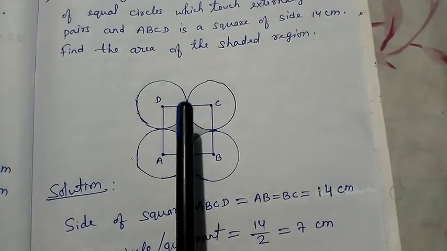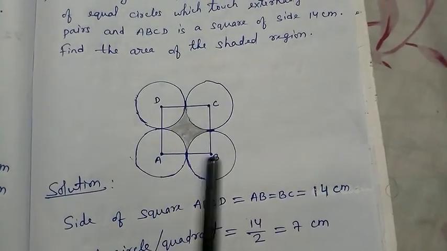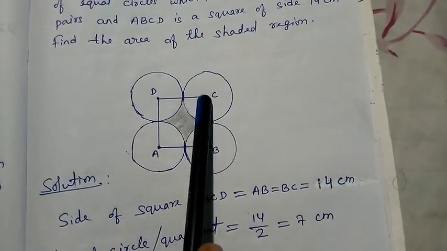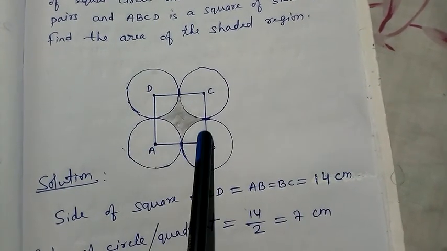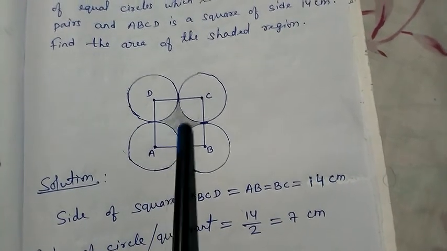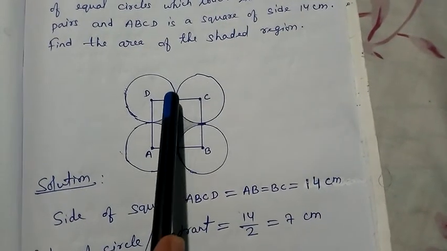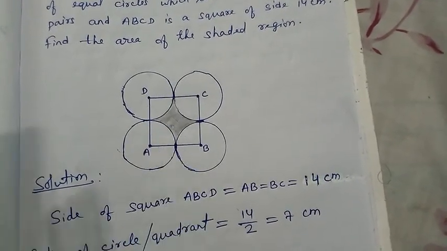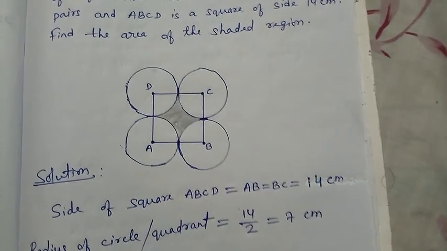You can see here, if you check this portion, this ABCD is a square, but if you check these 4 parts, it is a quadrant. This unshaded portion inside, you see, it is a quadrant. So I can say the area of this shaded region will be the area of the square, that is everything, minus the area of 4 quadrants. That means by that logic we can find the shaded region.